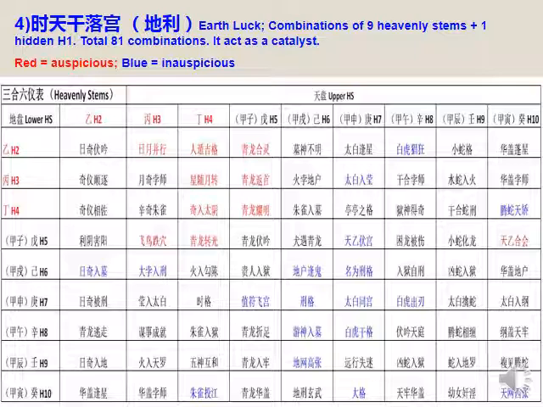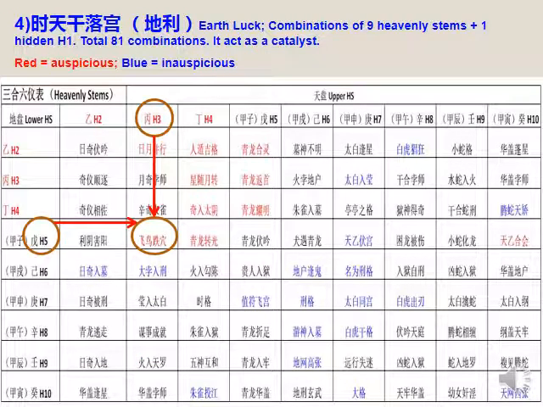I just take one example to show how interesting this is. For example, your upper heavenly stem is H3 Bing, and your lower heavenly stem is H5 Wu, and we just cross check. It is called 飞鸟蝶穴 in Chinese.